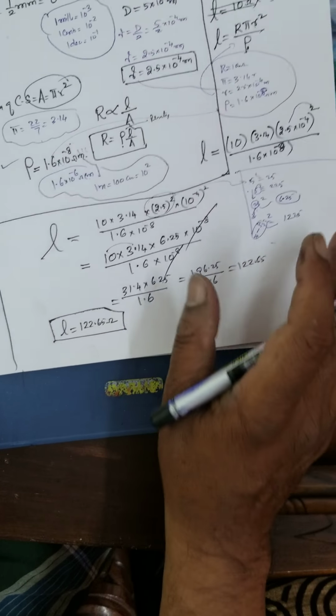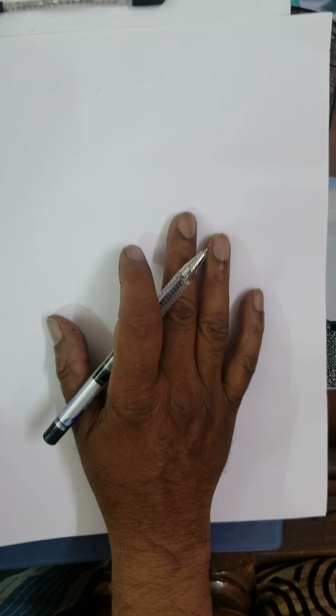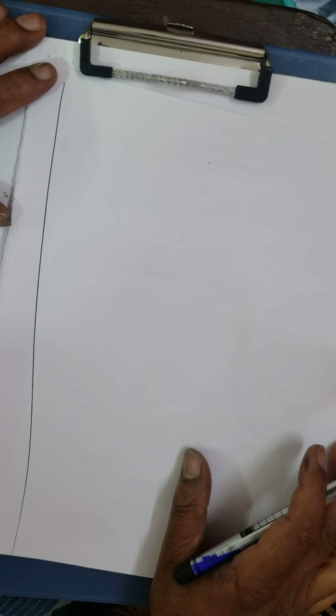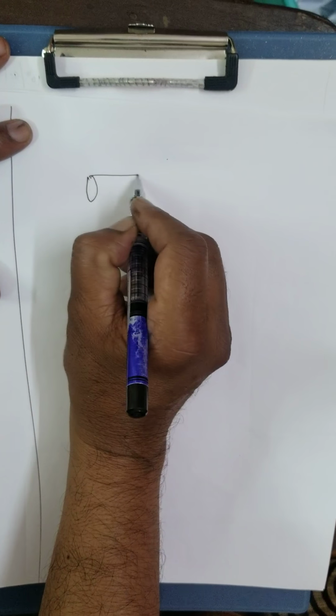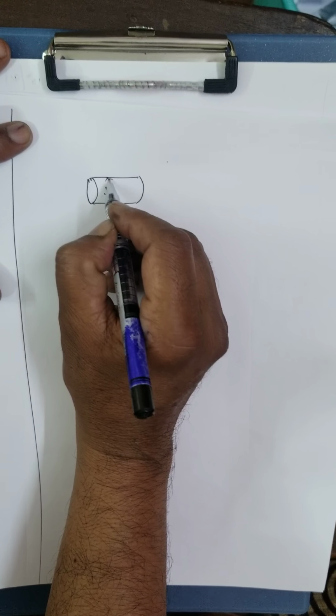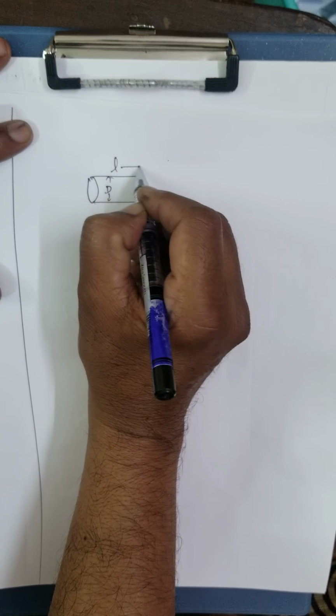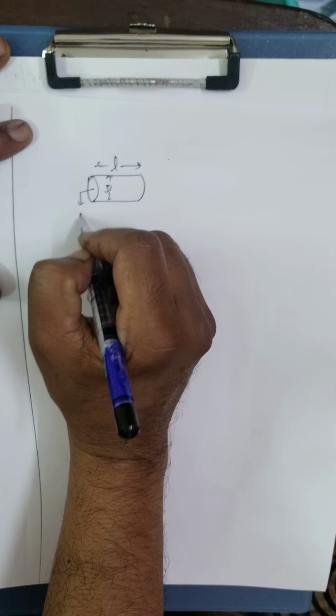Now, suppose they ask you the same sum in a different form. This is the wire. Its diameter is given. It has a length L. Area of cross section is A. And its specific resistance also is given.